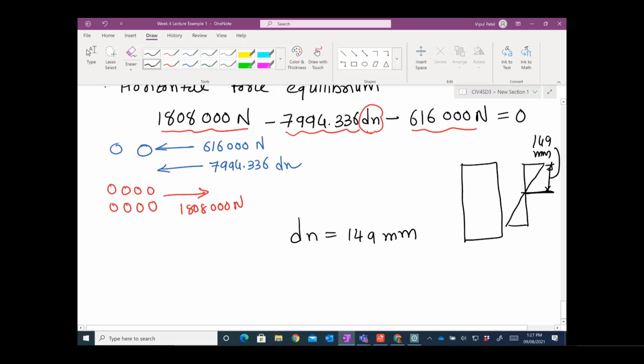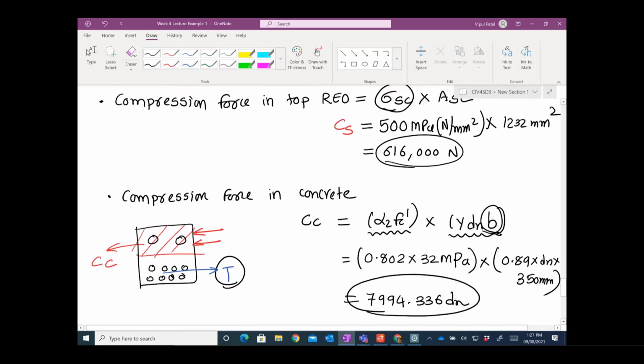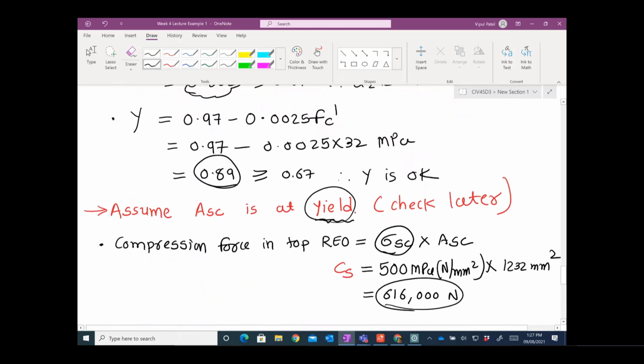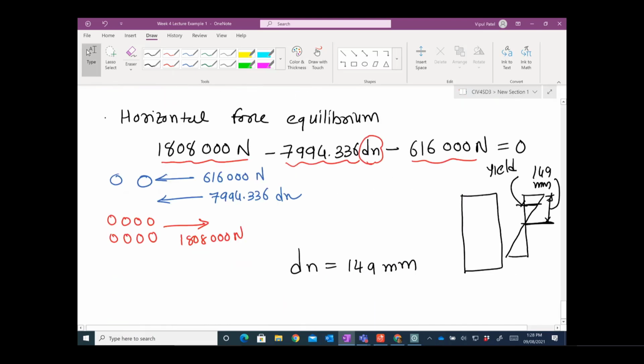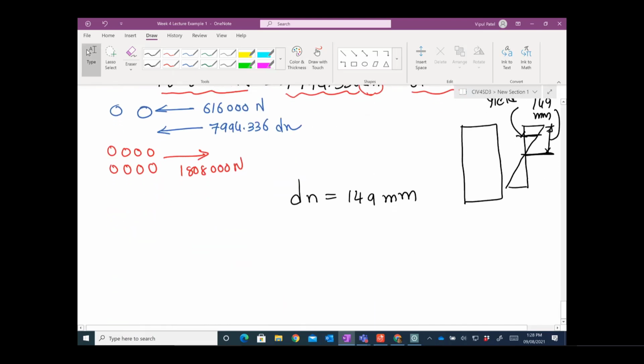Now that dN that you calculated is not correct. Why is it not correct? Because this is saying that this one should be at yield, right? We make these assumptions, right? If it is at yield only and only, that dN is correct.